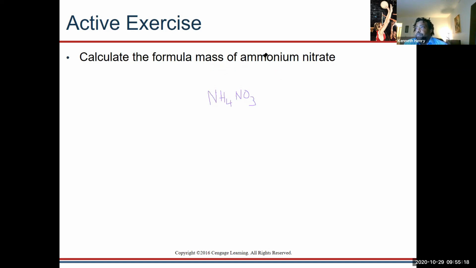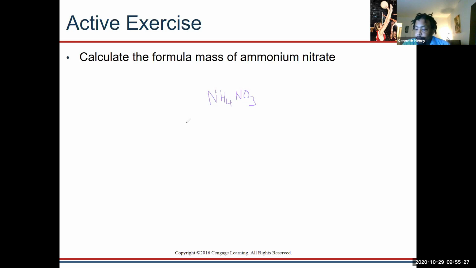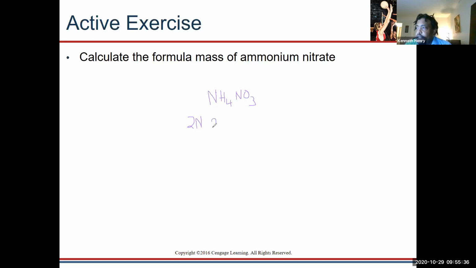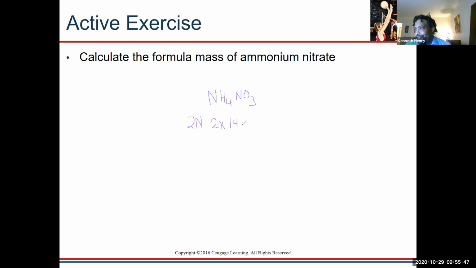Abel, how many nitrates do I have here? 1. Are you sure? 2, my bad. I have 2 nitrates. Okay. So how much does nitrogen weigh? Nitrogen weighs 14, approximately. Okay. 14 times 2? 28.